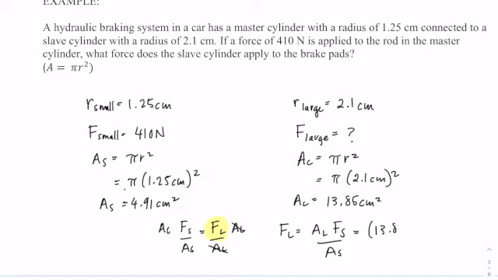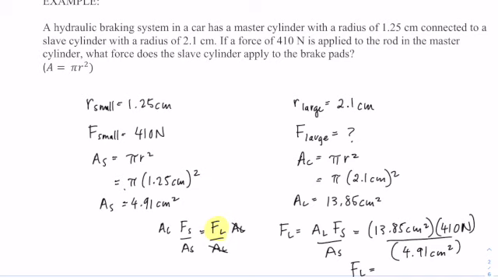That's 13.85 centimeters squared times 410 newtons divided by 4.91 centimeters squared. If we punch this in carefully in our calculator, I'll give you some time to do that, and I'll do it as well. 13.85 times 410 divided by 4.91.